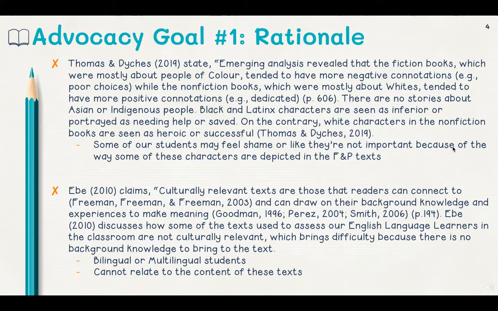So we need to make sure that we are accounting for all students within our mentor texts or the texts that we're using for assessments, and making sure that the content and the language really matches and follows our students, and that everybody is depicted in a positive light.